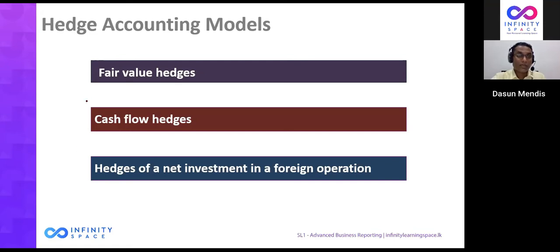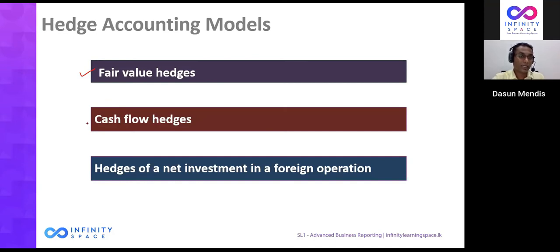In one of the videos which we have recorded and uploaded into the Infinity Space site, I have discussed a question with regard to a fair value hedge. That is a question which was there in the pilot paper. You can have a look at that video and understand the fair value hedge accounting model.